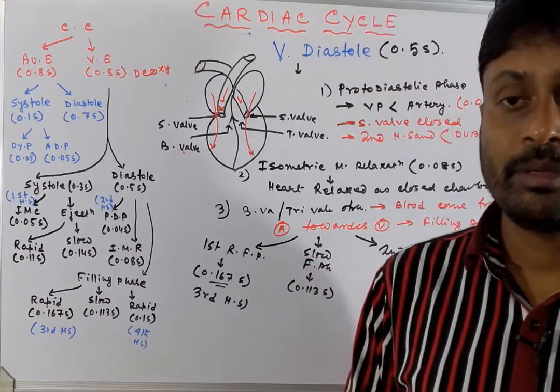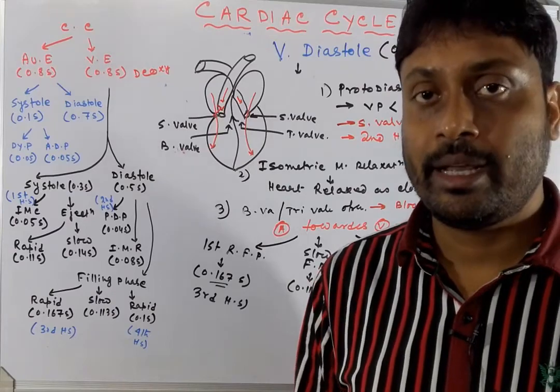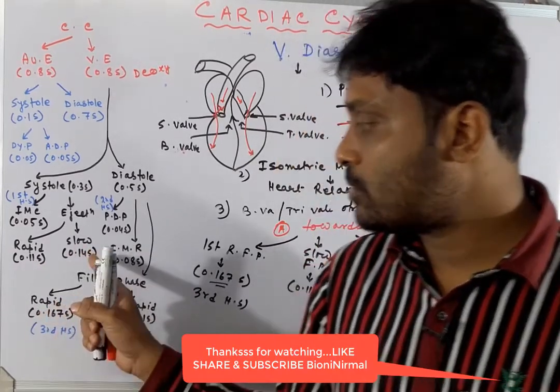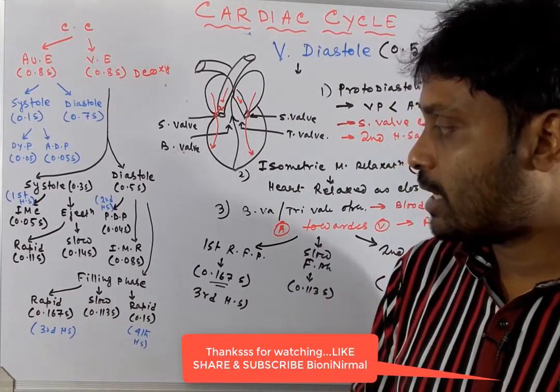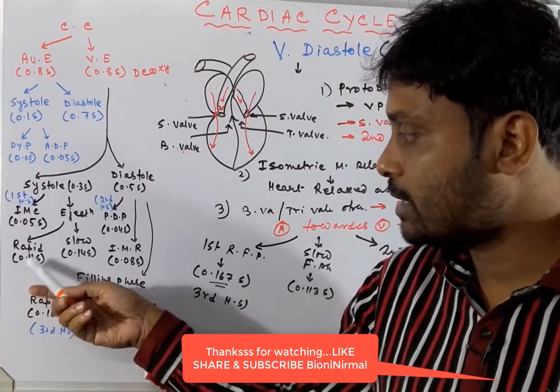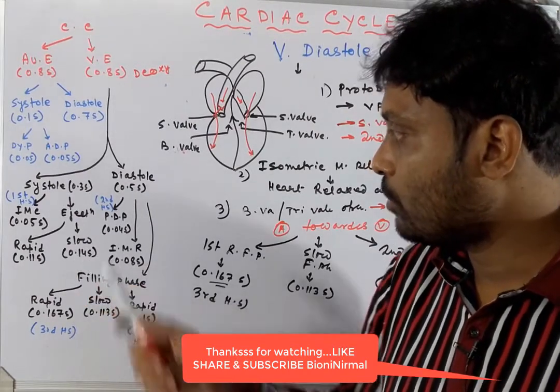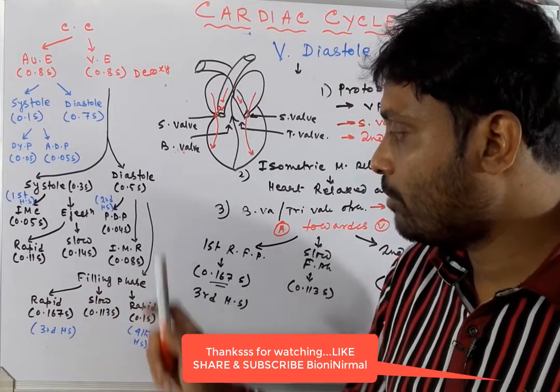Blood comes from the ventricle to the body and into the lungs. First is the rapid ejection, which takes 0.11 second, and the next is the slow ejection, which takes 0.145 second.